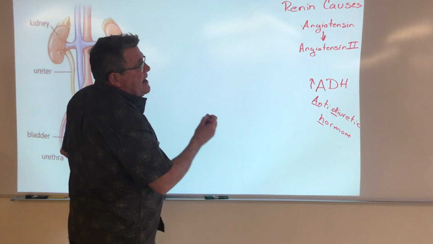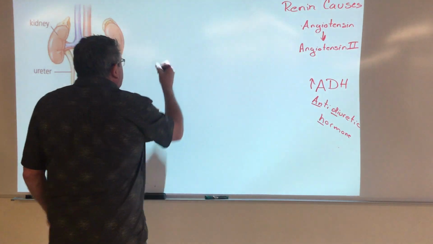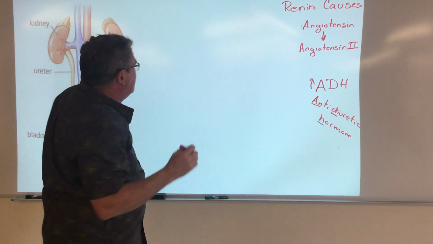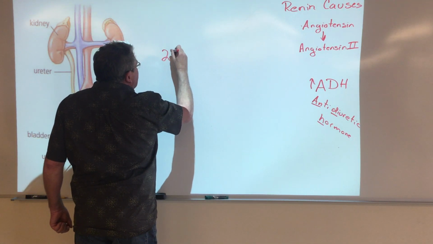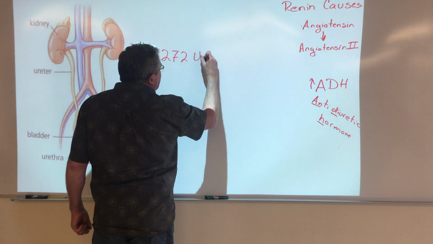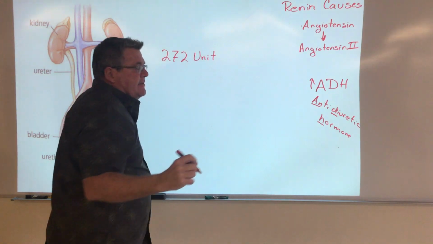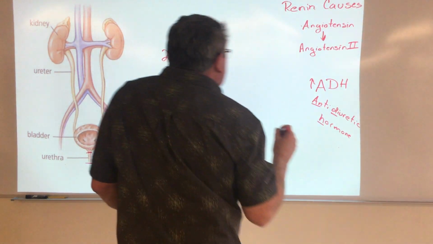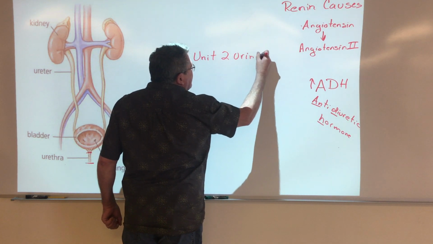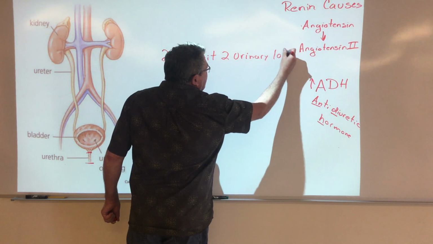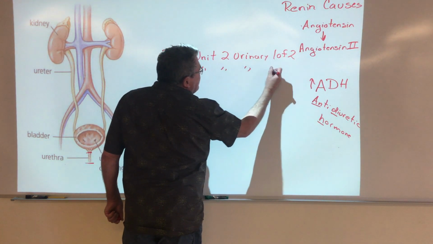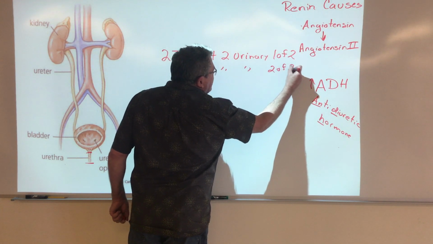So now that I know I've gone long, these two videos that we have just done, I will take my time and I will make sure that if the world of the internet works, it will be 272, not 271 unit. I believe it is now 2 urinary, 1 of 2, and 2 of 2.